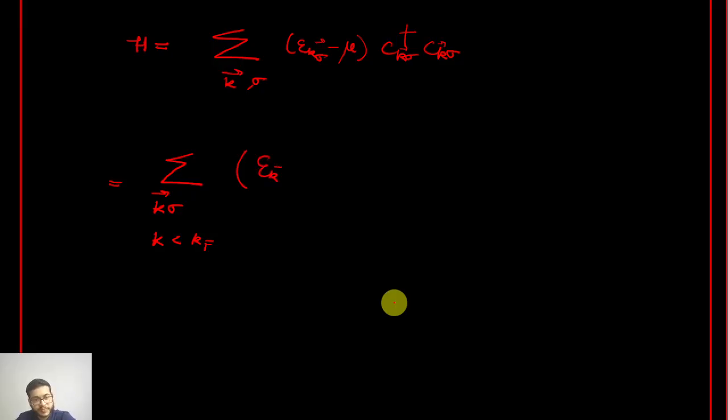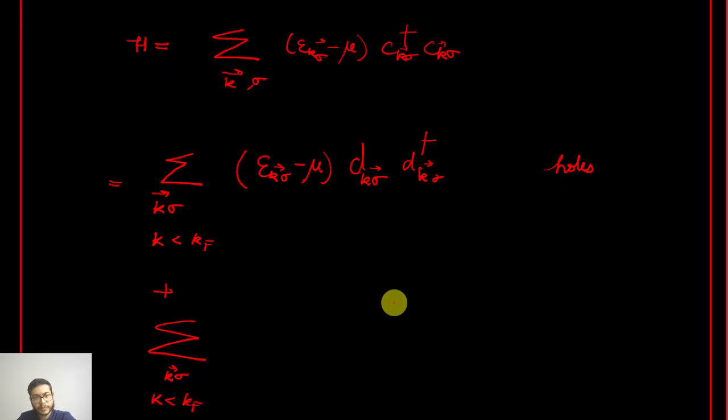If k is less than k_F, c_k sigma dagger is d_k sigma, and c_k sigma is d_k sigma dagger, because now we are talking about holes, plus the sum over k greater than k_F of epsilon_k sigma minus mu times d_k sigma dagger d_k sigma. Okay, because now we are talking about electrons.